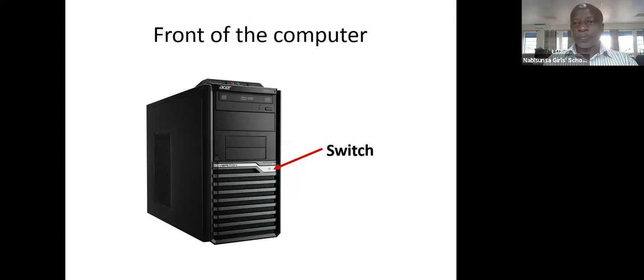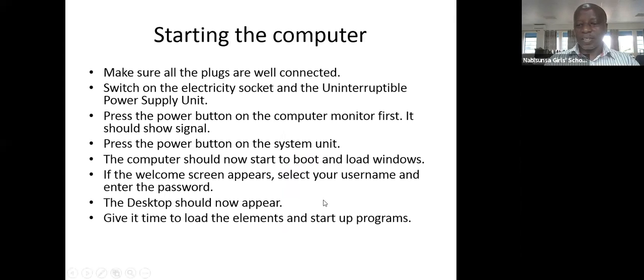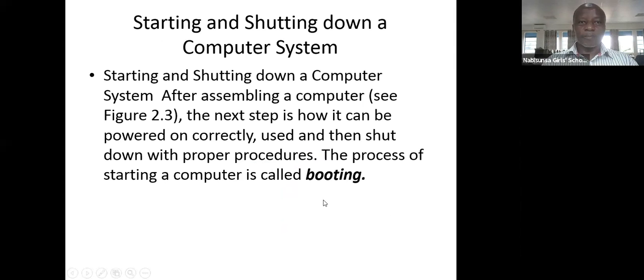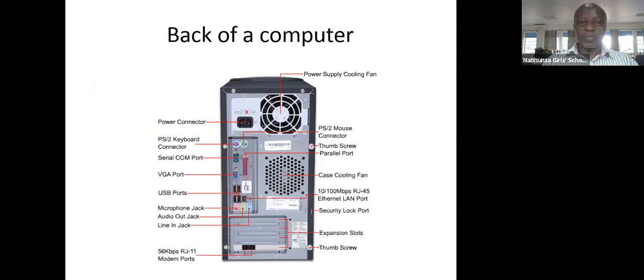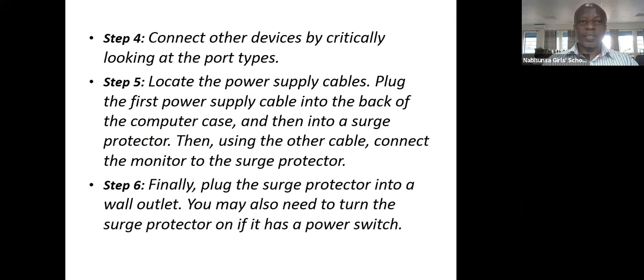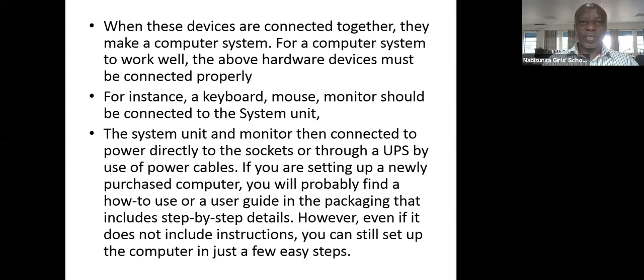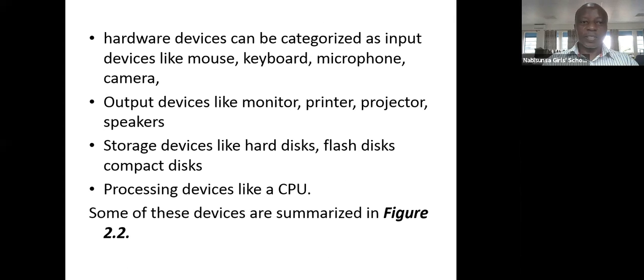Okay, so now we switch on the computer and start using it. So let us go back again. We have looked at these, and we are going to see we have an activity here.